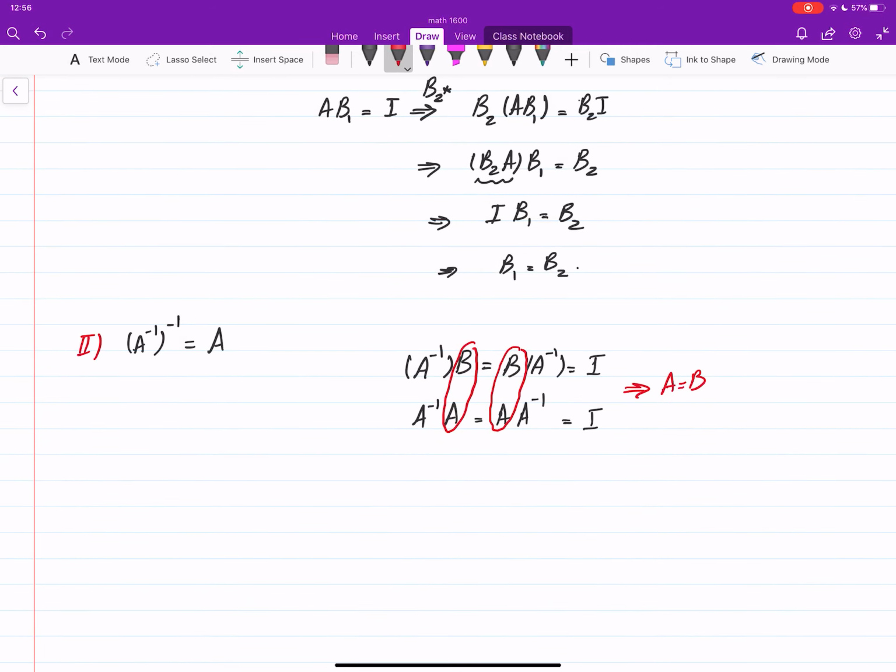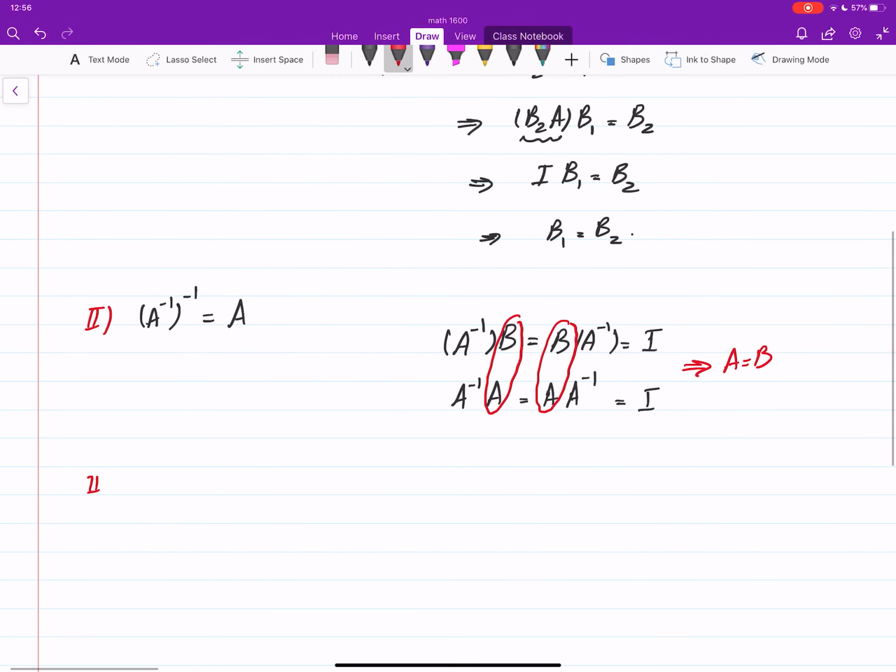Then the third property: how about when you multiply an invertible matrix by a constant, a scalar multiplication, and take the inverse? We assume that C is non-zero. We know that A inverse times A is equal to identity.